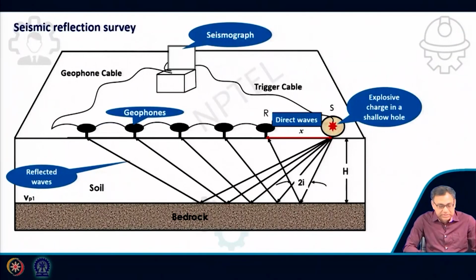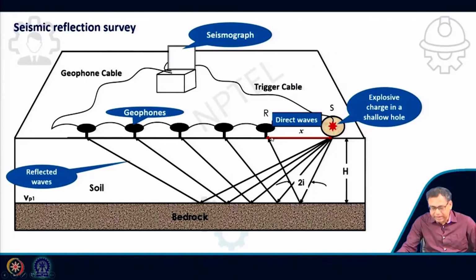First, I will start with the seismic reflection test. Here you can see these are the geophones or receivers, placed at some distance, and this is the source where we generate the wave, which will be received by the receivers. When we generate the wave, it travels in all directions.